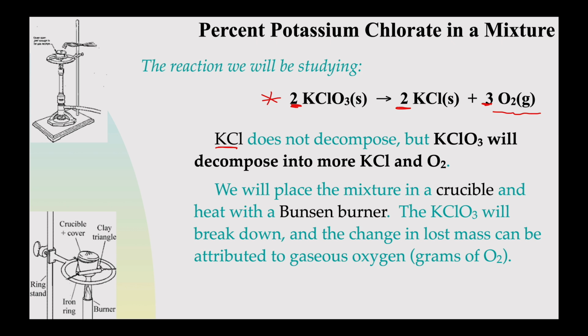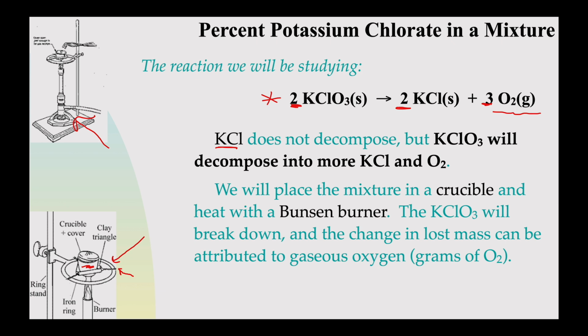It's pretty sweet. So what we would do in this lab is we would use a Bunsen burner, which is this thing right here connected to a gas outlet, and up on the top we would have a ring clamp, which is that kind of circle thing right there. A triangle sits in the middle of it, and a crucible, which is this thing right here. A crucible would hold our sample, and the heat, when it's applied to potassium chlorate, makes it break down into potassium chloride and oxygen gas.